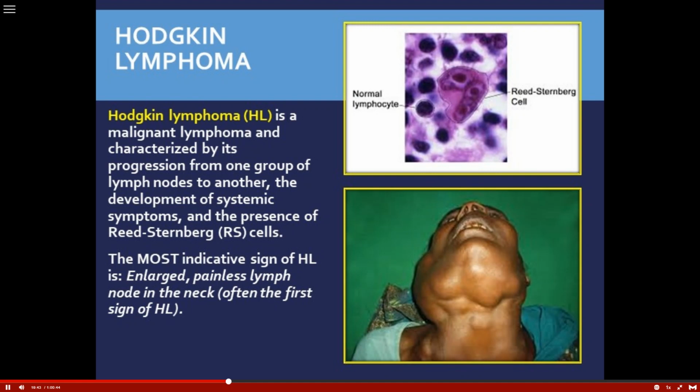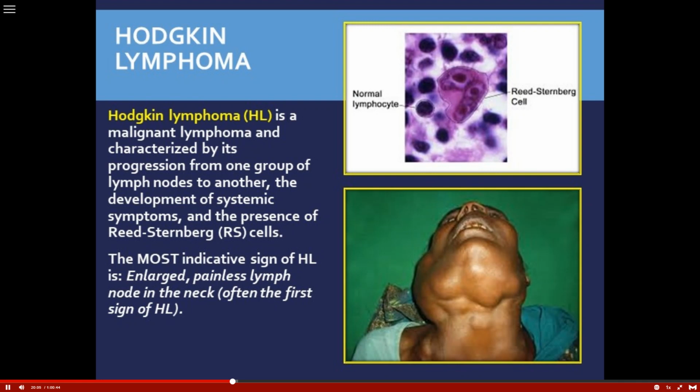So the development of some of the signs and symptoms, one of the hallmark signs is something called the Reed Sternberg cell. And you can see that up there in the corner, how big and ugly they are. That is definitely going to be indicative of Hodgkin's lymphoma.